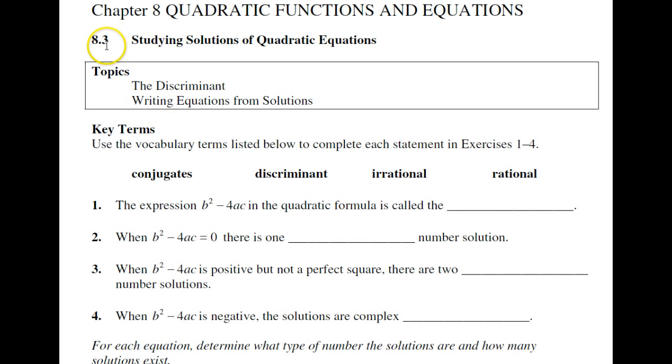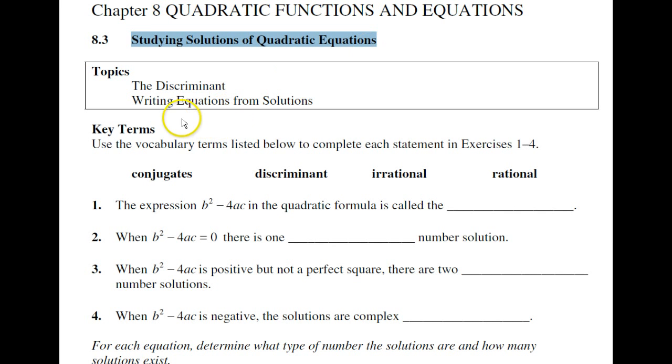Section 8.3 of Chapter 8 deals with studying solutions of quadratic equations. So we might consider this section as sort of sitting on quadratic equations and then thinking about it and trying various things.